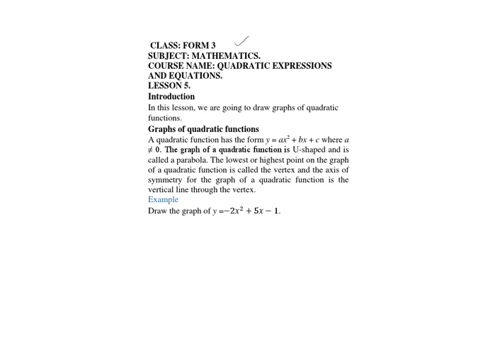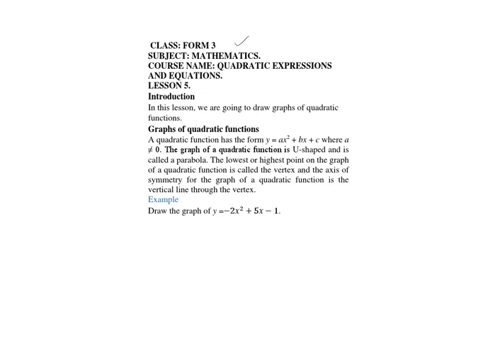A quadratic function has the form y equals ax squared plus bx plus c, where a should not be 0. The graph of a quadratic function is U-shaped and is called a parabola. It can have a lowest point or a highest point depending on the side it is opening.